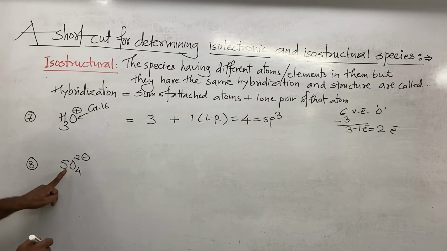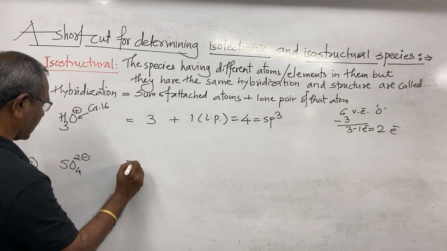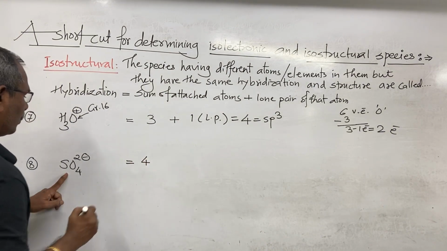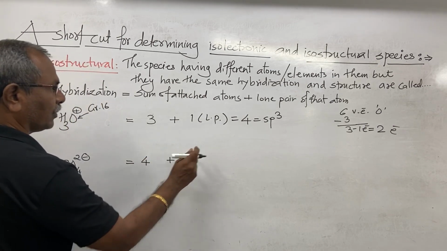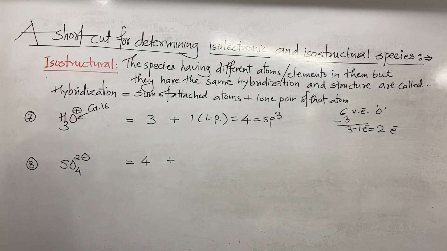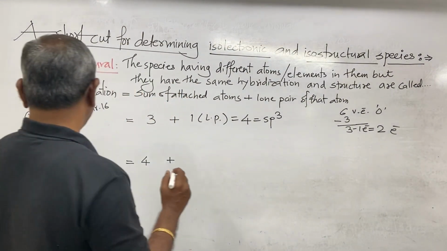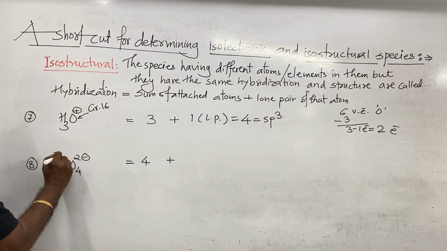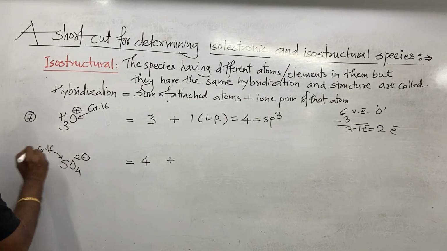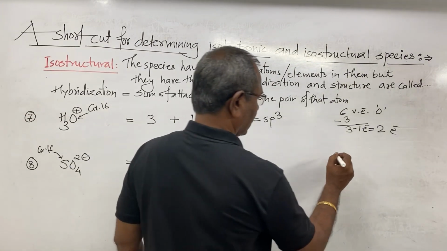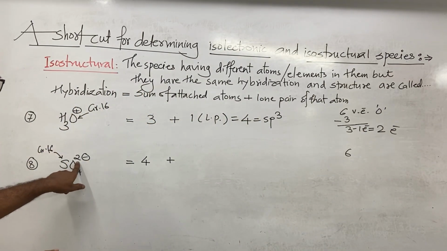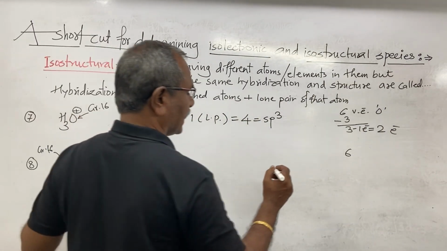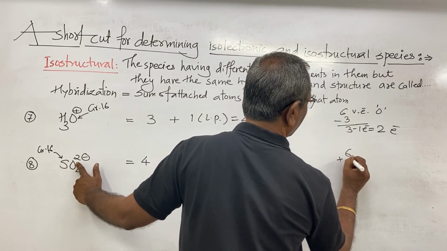Now in SO4 2 minus there are 4 oxygen atoms, plus you have to calculate the lone pair of electrons on the sulfur atom. As sulfur belongs to group 16, there are 6 electrons. There is 2 minus negative charge, means you add 2 electrons.